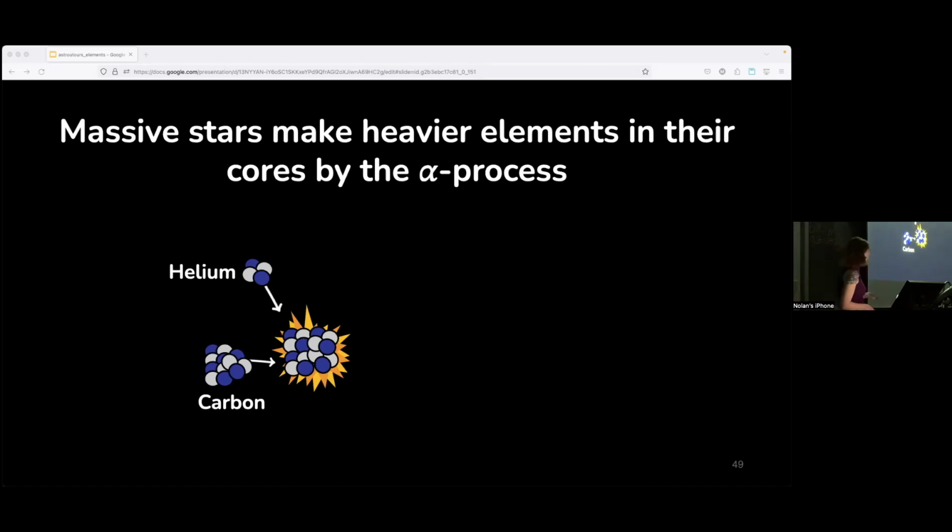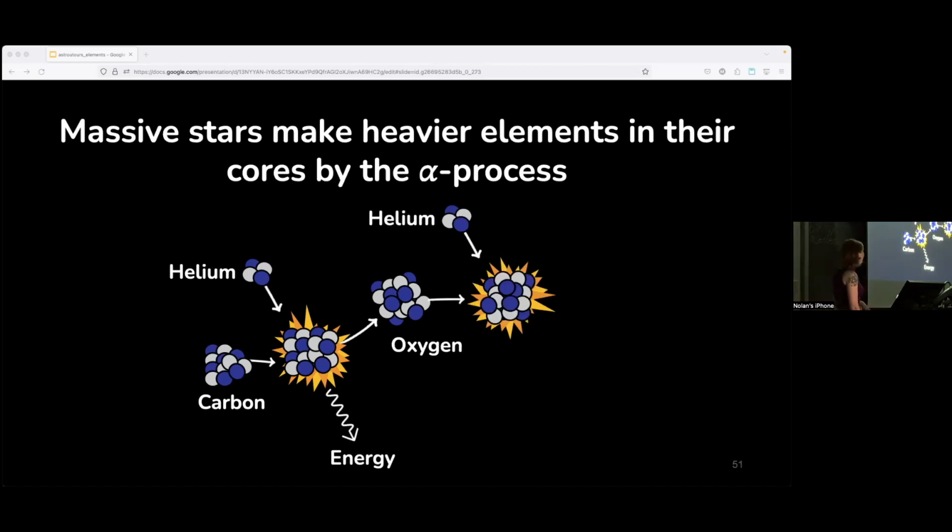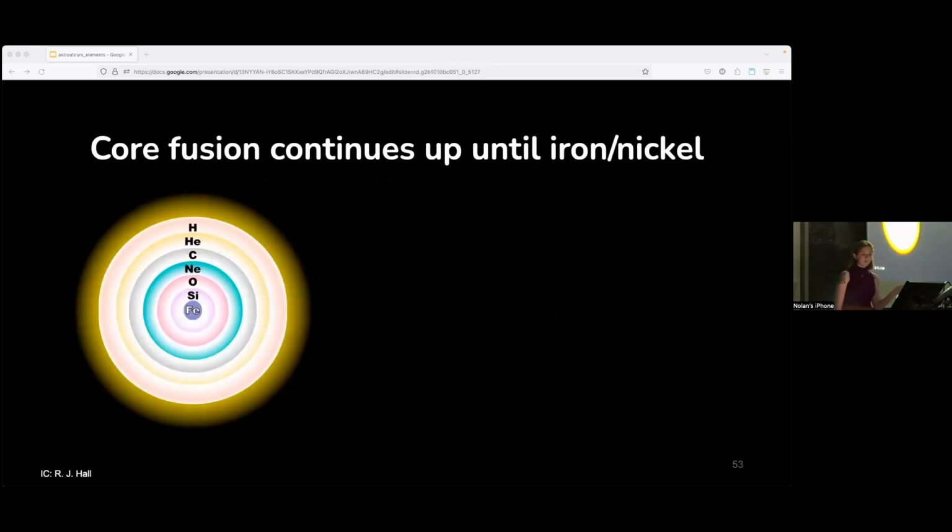And so one of those helium nuclei will just get stuck onto a carbon nucleus and they'll fuse. The star will keep doing this for a while. Once it runs out of carbon, it makes oxygen and produces energy. And once it runs out of carbon, it can start doing this to oxygen, just tacking helium onto that. And then we can tack helium onto the neon that we've just made. And we can just keep going and going for a while.